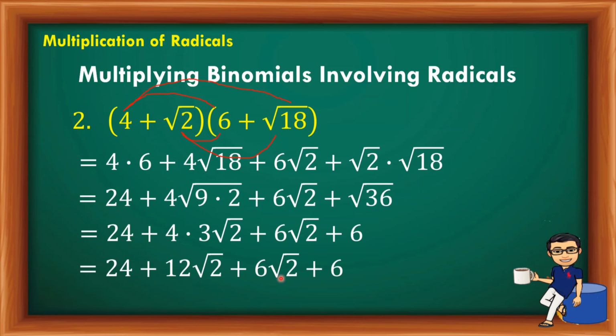Tapos kinopya na lang uli ito at ito. Pero at this point in time, pwede pa natin isolve itong 24 tsaka 6. At ito dahil like radicals, pwede isolve kasi parehas ng radicand. So therefore, the answer is 24 plus 6 is 30, then 12 plus 6 is 18 square root of 2. Okay.